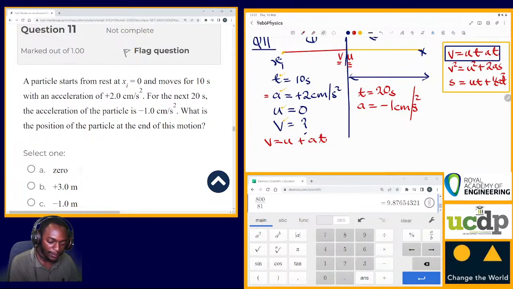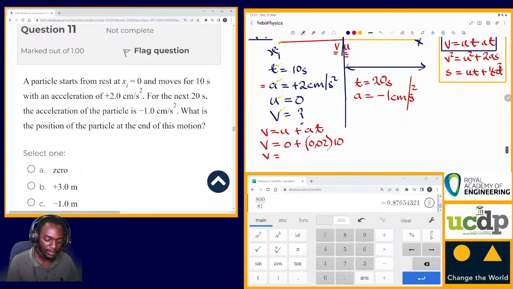So our v is equal to u, our u is 0, plus the acceleration, which converted from centimeters per second squared gives us 0.02 meters per second squared. The time taken for the first part of the journey is 10, so our v is going to be 10 times that, which is 0.2 meters per second.